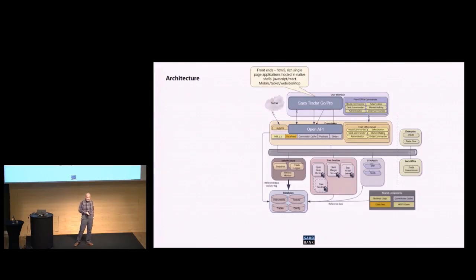So essentially, the front ends are HTML5, very rich single-page applications. And they're hosted in native shells, so we can distribute them in the app stores, but essentially it's the same code base running whether you log in on Android or on iOS or on your tablet.